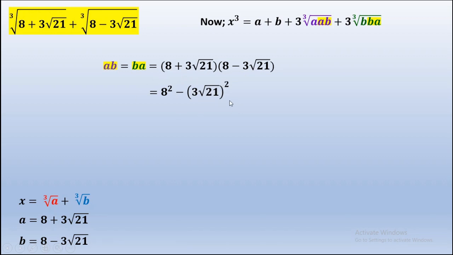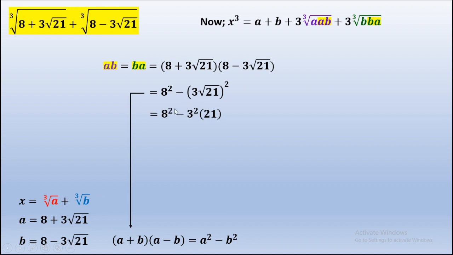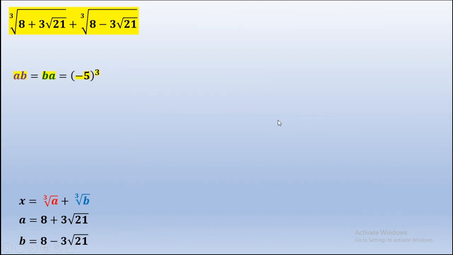This form comes from the formula a square minus b square is equal to a plus b times a minus b. This can be further simplified and the answer will come as minus 5 whole cube. So the value of ab equal to ba is minus 5 whole cube.